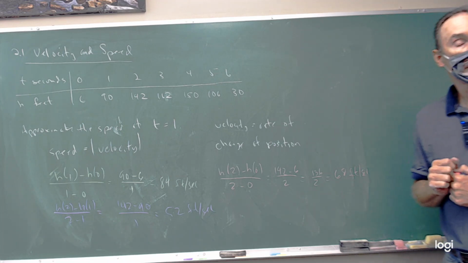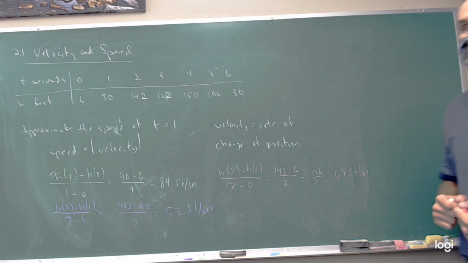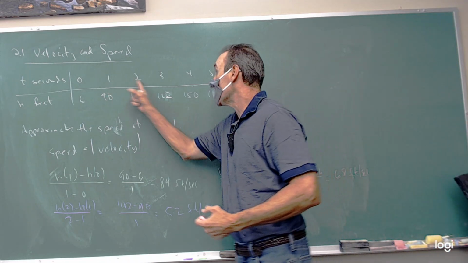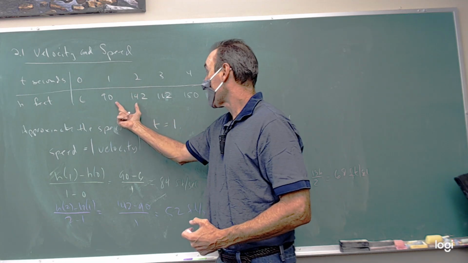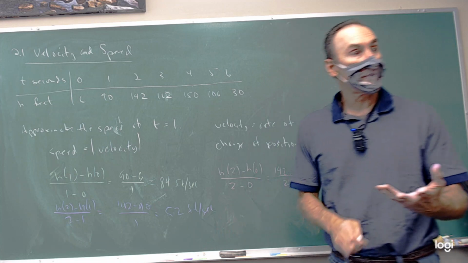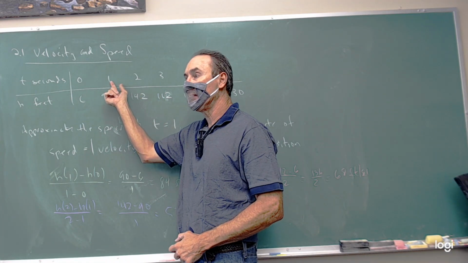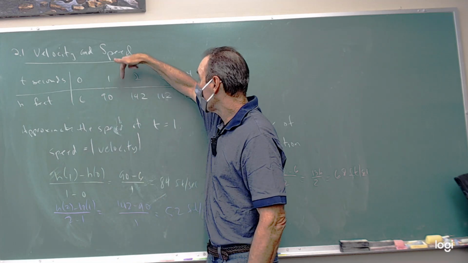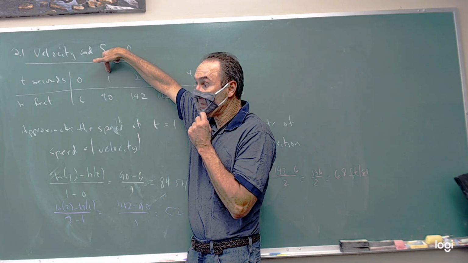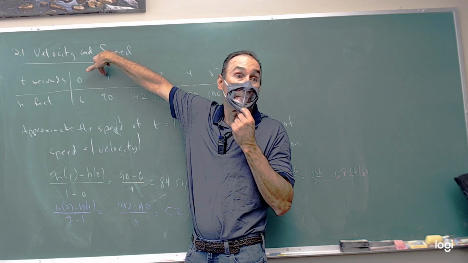Okay? Now, we're limited here. Those aren't great approximations because so much time has elapsed that this thing has really traveled a long way. So we would get a better approximation if we could change this delta t and make it smaller. You know, if I could find the time at 1 and maybe the time at 1.1 seconds or 1.01 seconds.